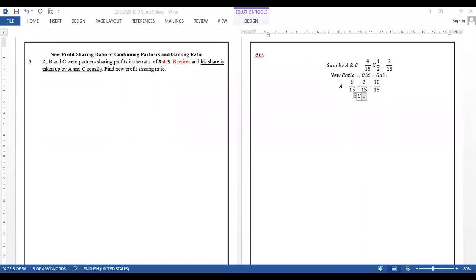Then C's new share: old share is 3/15 plus gain 2/15, so 3 plus 2 is 5/15. So my new ratio will be 10:5, or reduced further, 2:1.